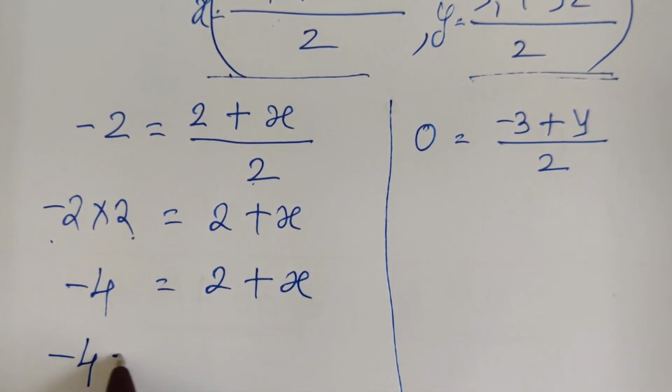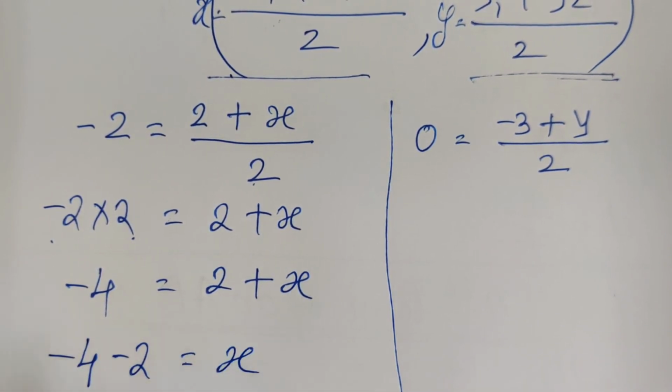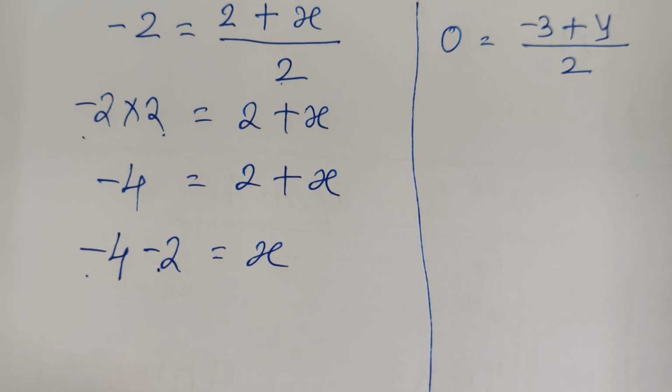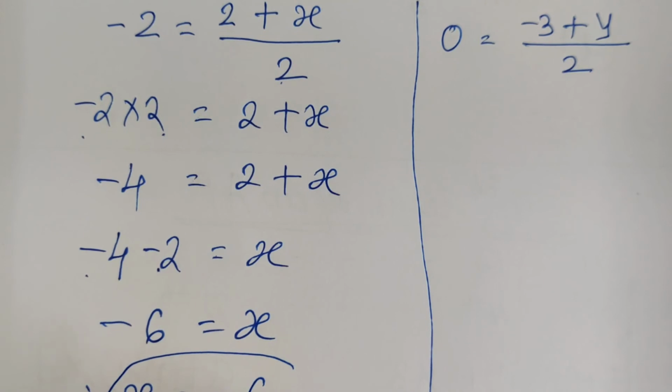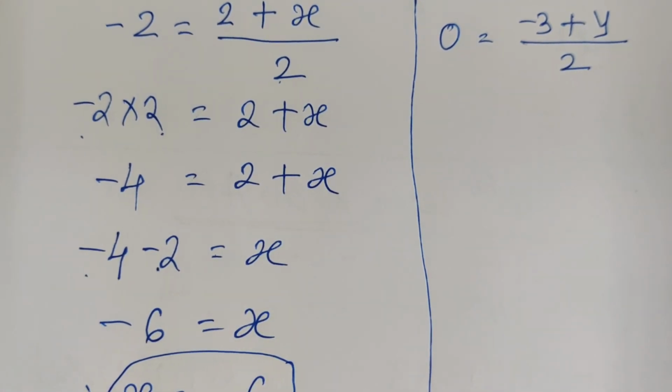So -4 minus 2 equal to x. That means here you get -6 is equal to x, or you can say x is equal to minus 6. That means the first coordinate of B is minus 6.